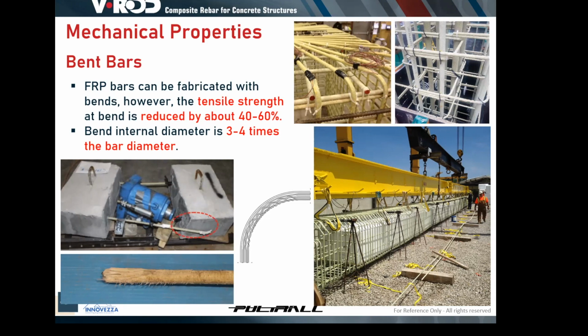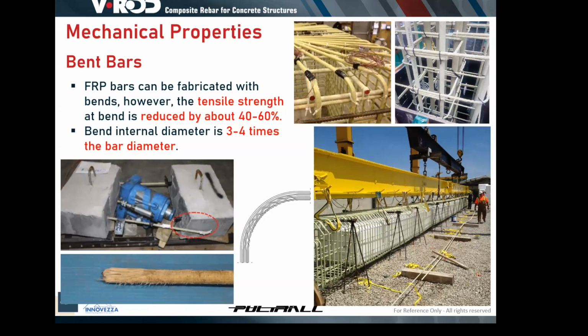And at the end, they noted that most of the time, the rupture or the failure of GFRP bend bars is happening at the bend portion. And that's why they started to compare the tensile strength of GFRP bend bars to the straight bars, and they found that the bend portion is reducing the tensile strength by 40 to 60%, on average 50%.